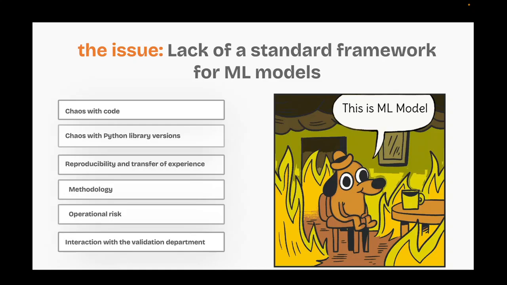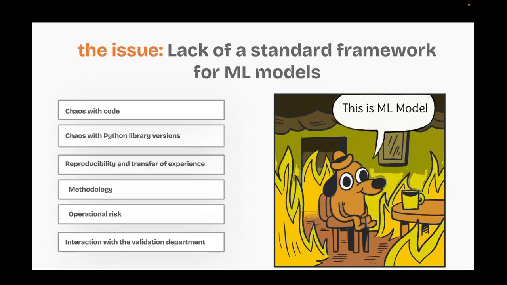In addition, it was necessary to form a certain methodological base for managing and structuring ML projects, which would help to reduce operational risk and improve interaction with the validation department. Besides small fintech companies, this is especially relevant for banks that are currently in the process of switching to the IRB methodology, during which regulatory risk models are subject to very strict control by the validation department.